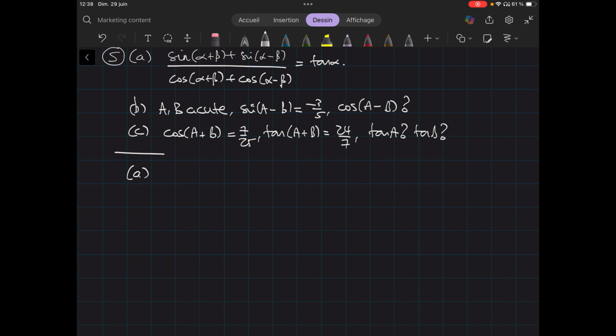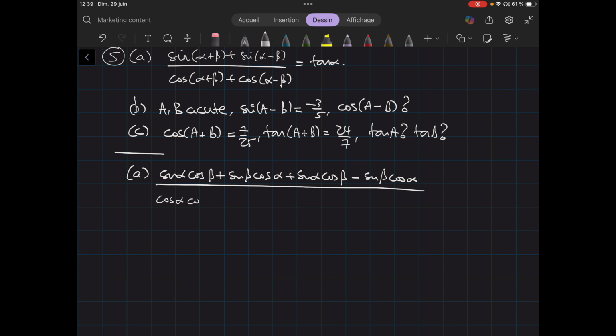Sine of alpha plus beta. Sine of alpha minus beta. Cos of alpha plus beta. Cos of alpha minus beta.